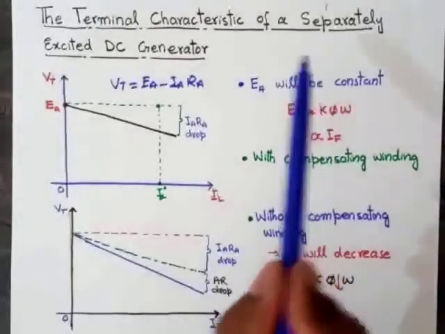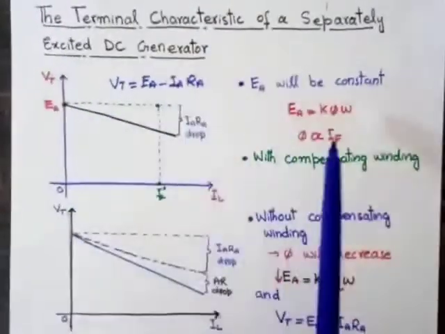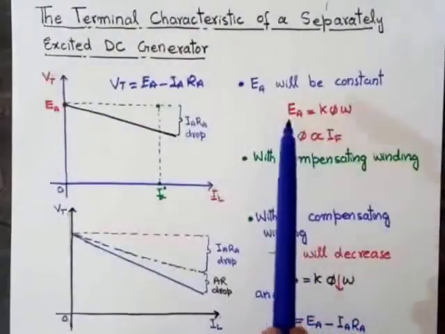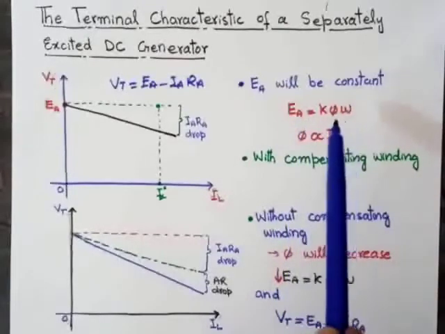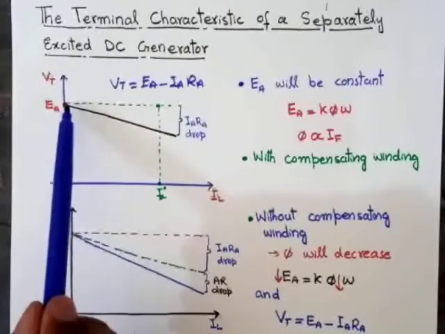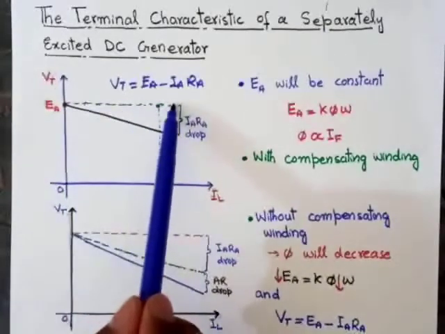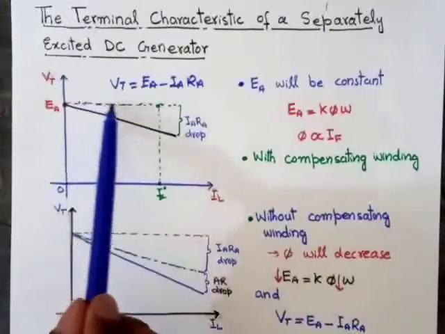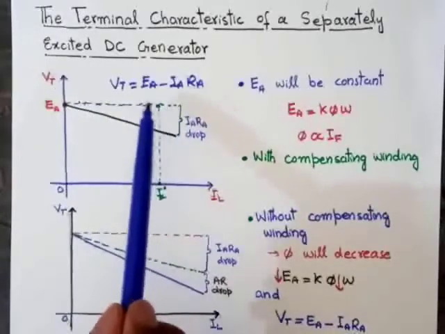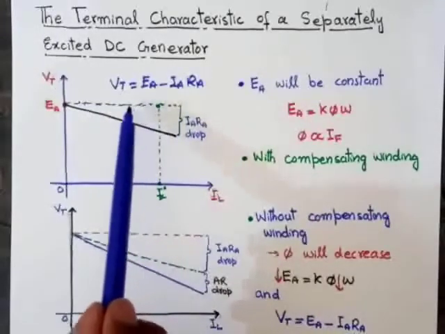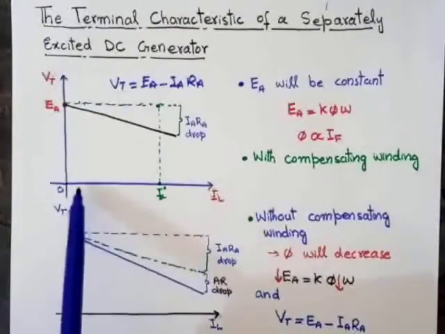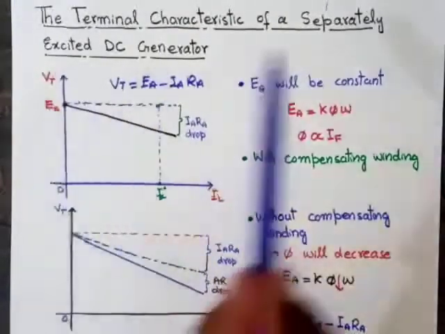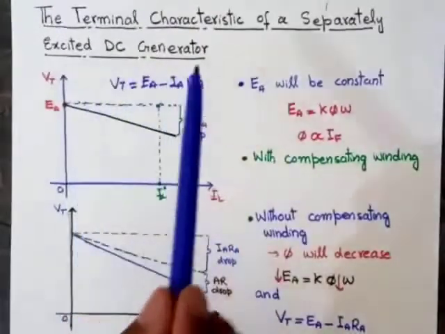If the flux is constant, then the internal generated voltage will be constant as well. The value of the internal generated voltage will not change by increasing or decreasing the line current in a separately excited DC generator.